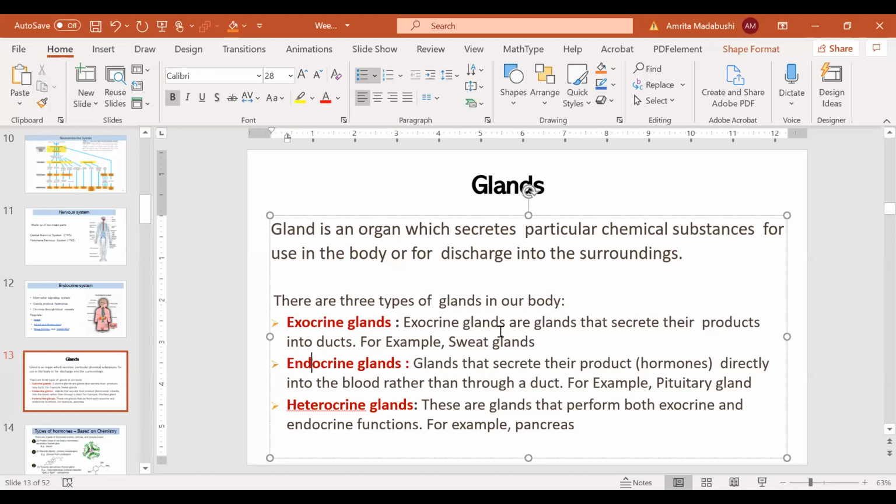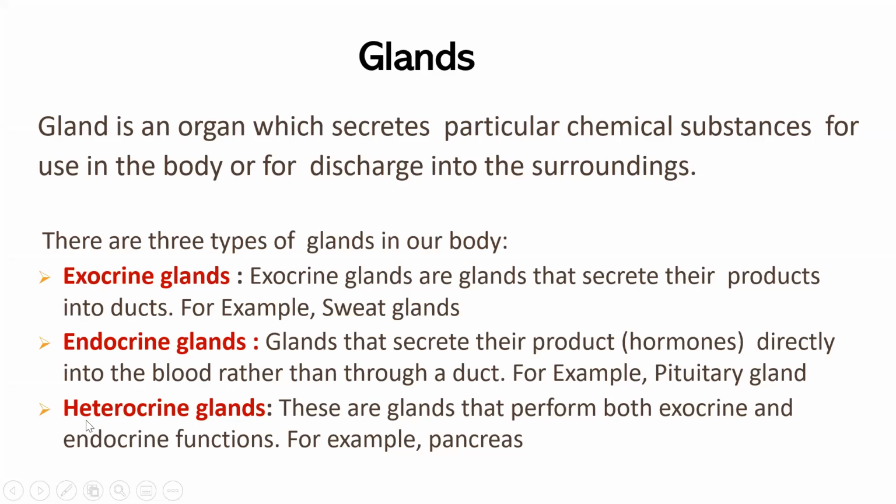So exocrine glands are the glands that secrete their product into ducts, and endocrine glands are the ones that secrete them into blood rather than through a duct, because they can directly release it into the bloodstream. And heterocrine, hetero is always for things that are a combination of both, so they can perform both exocrine as well as endocrine function.